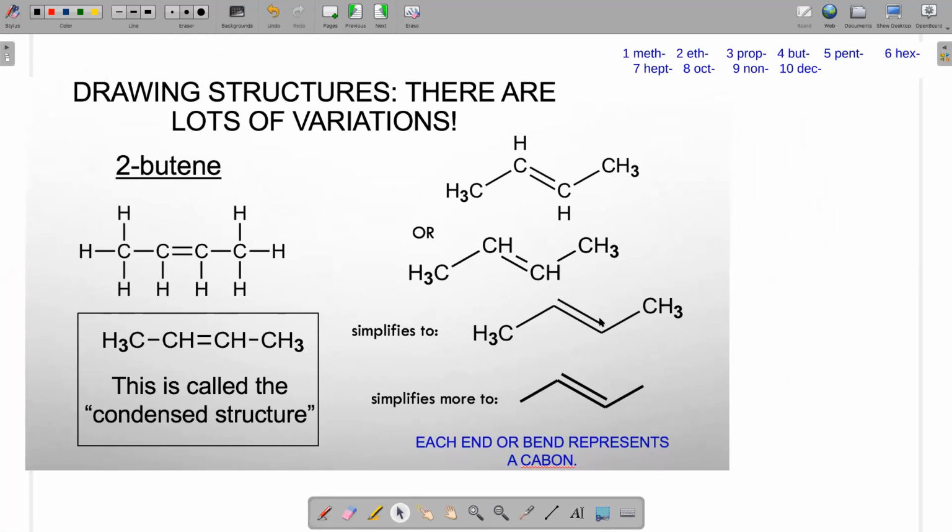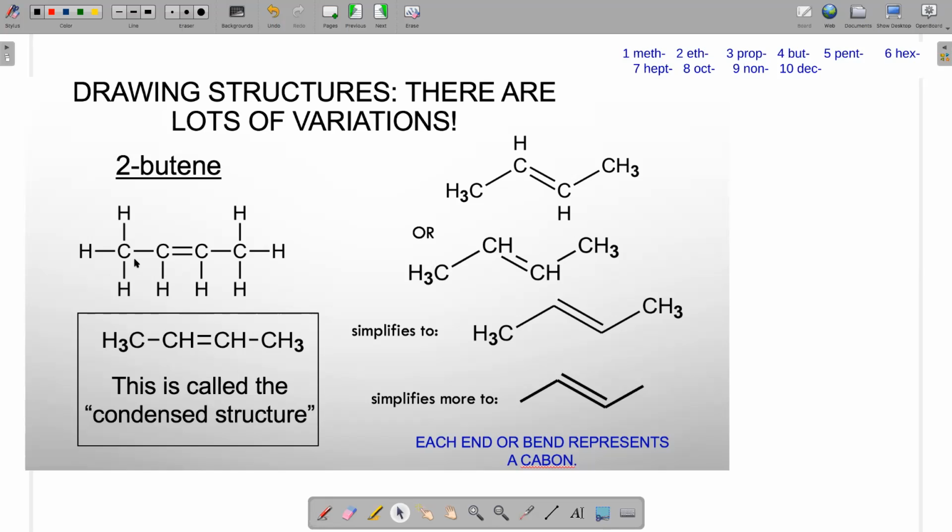For example, the different ways that you'll see to draw structures for alkanes, alkenes, and alkynes, whether they're in a chain or whether they're in a ring, depends upon how much detail the person's trying to show, how quickly you want to draw it, but they all have exactly the same meanings.